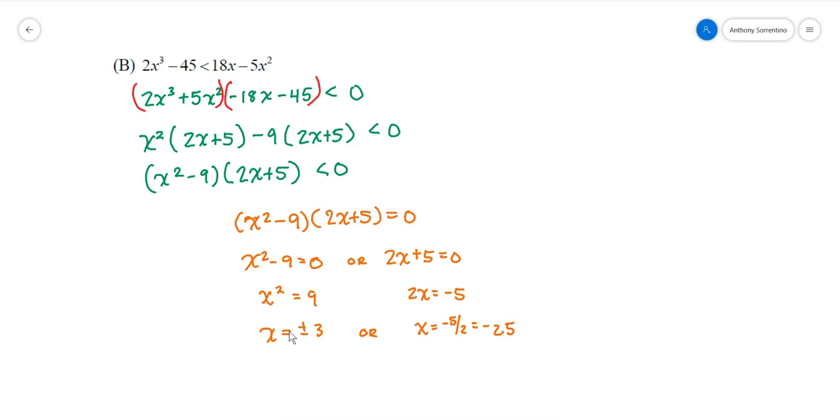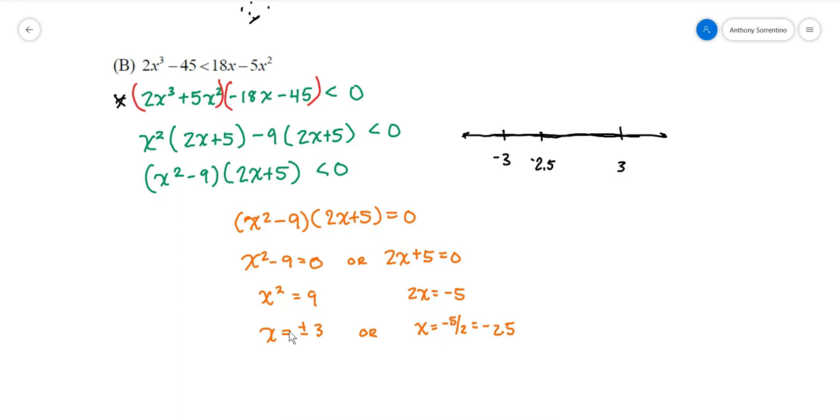I want to solve the inequality, so I'm back up here again, and I'm focusing my attention on this. I have three solutions: -3, -2.5, and +3.